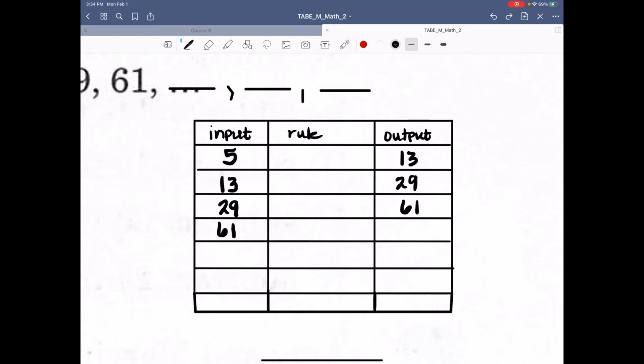I'm going to go ahead and tell you the pattern because we could spend all day here looking at this.